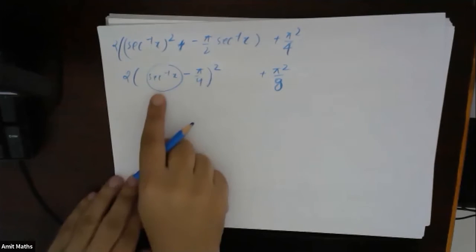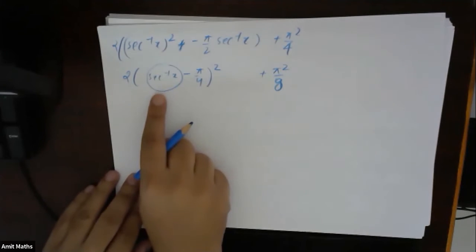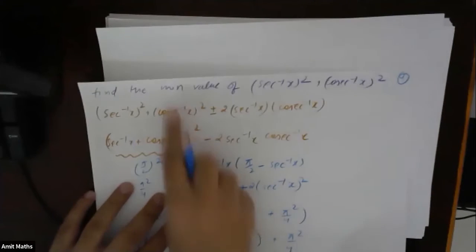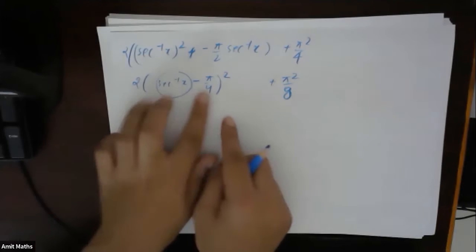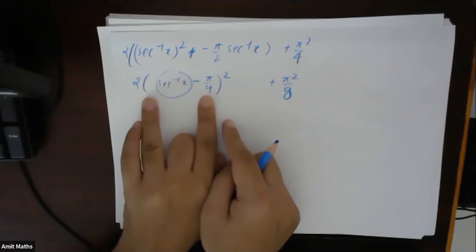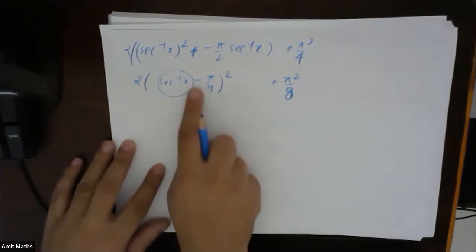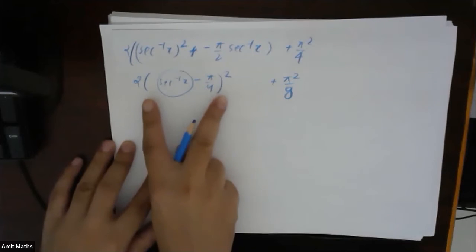Fine. So what we have to find is the minimum value. The minimum value of this will be when this whole square thing is 0, because sec inverse of x will be somewhere around pi by 4. So this whole thing will be minimum when this is 0.